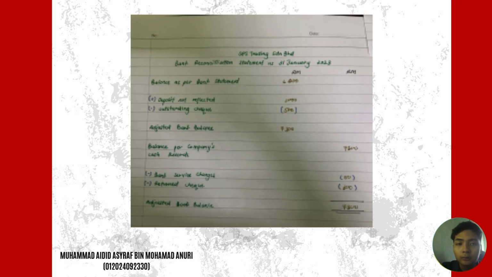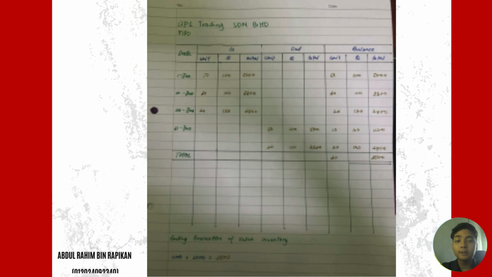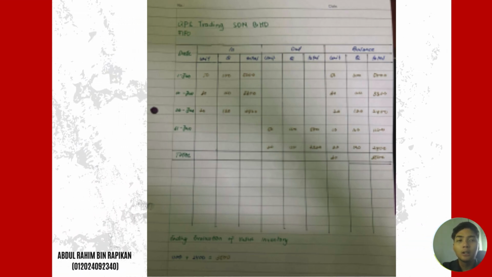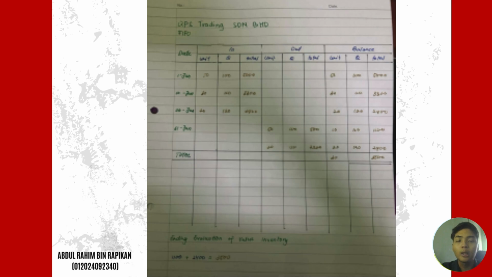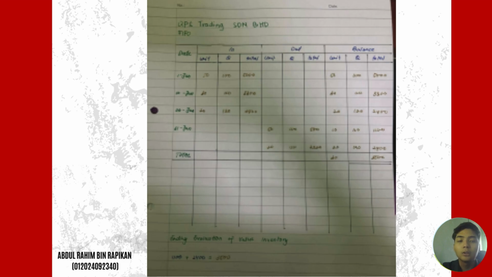Okay, so for part 6, we have inventory evaluation, where we have to do the FIFO method, first in first out. The format has a date, in which equals the purchase, out which equals the sales, and balance.